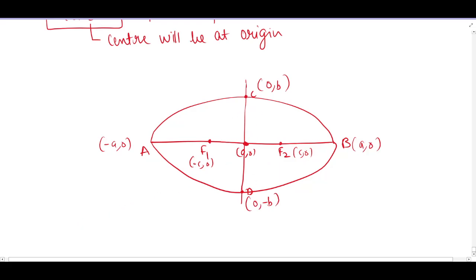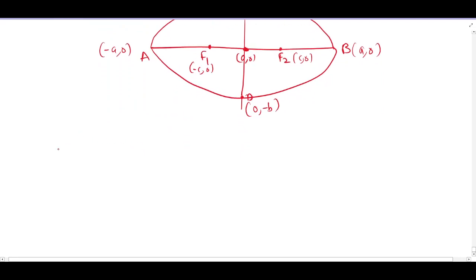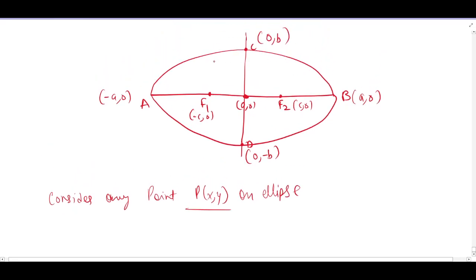Now consider any point P on the ellipse, where its coordinates are x comma y.